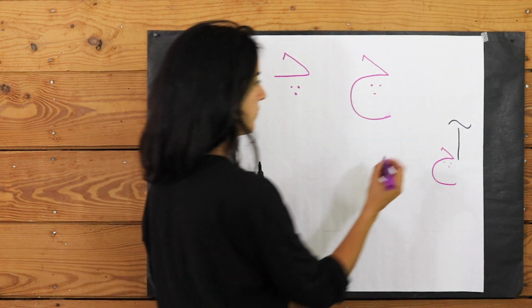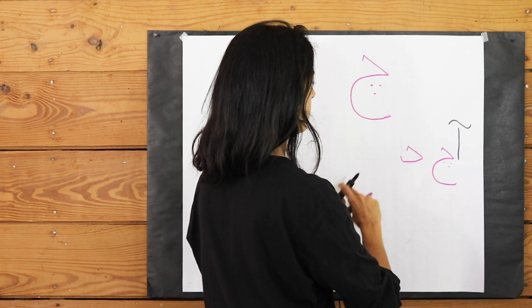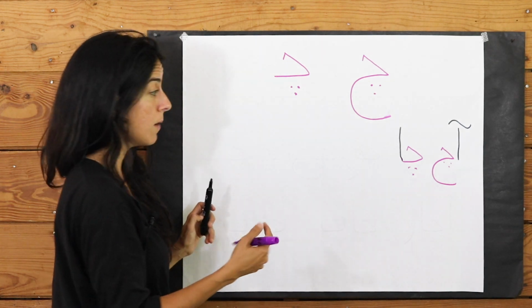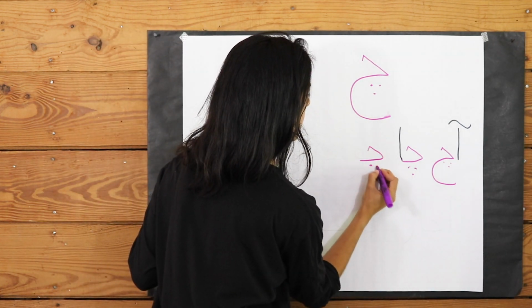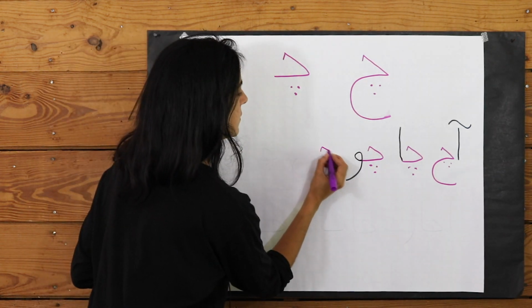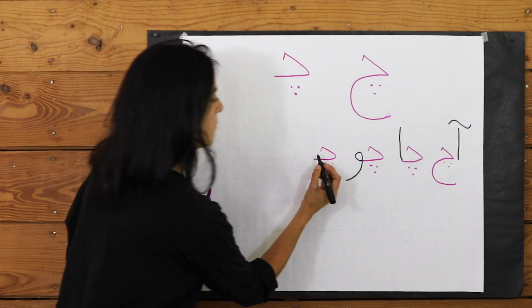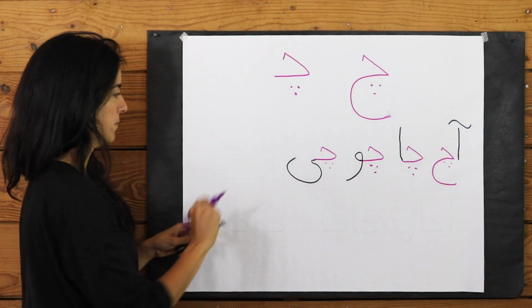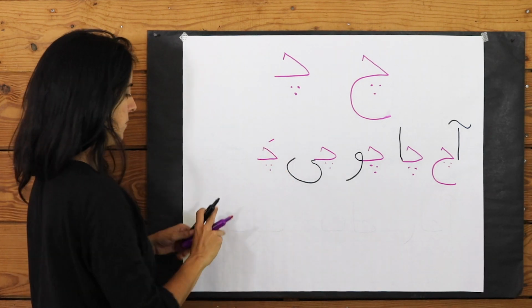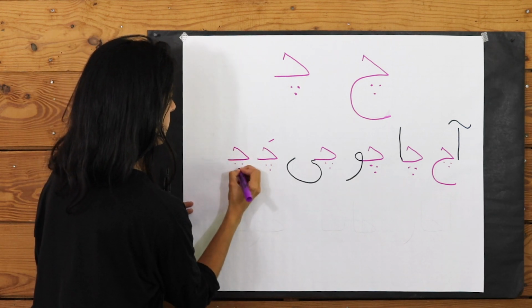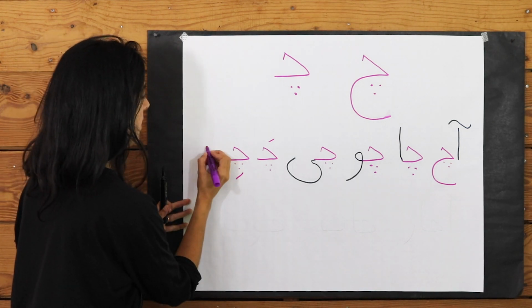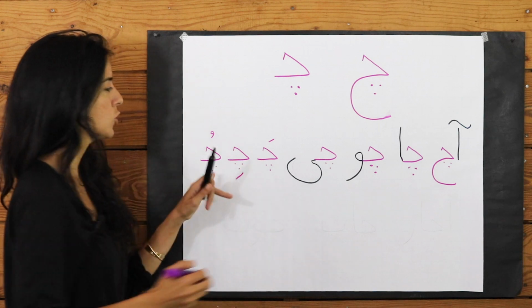That's ach. Then, chā, chū, chi, che, chā, che, and cho.